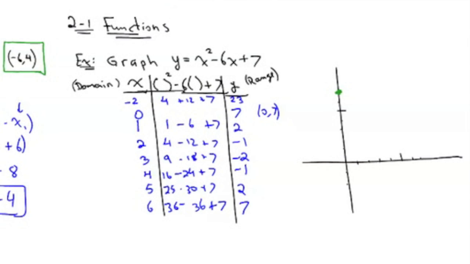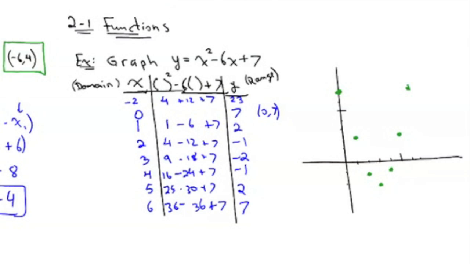So x is 1, y is 2. Next point, 2, negative 1. 2 to the right, down 1. Next one, 3, down 2. 4, negative 1. 5, positive 2. 6, back up here, 7.